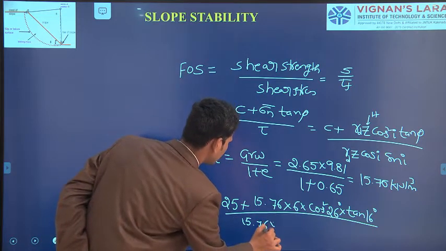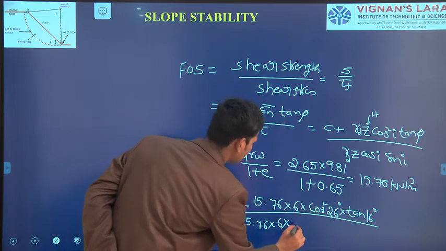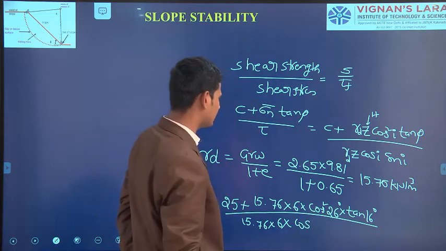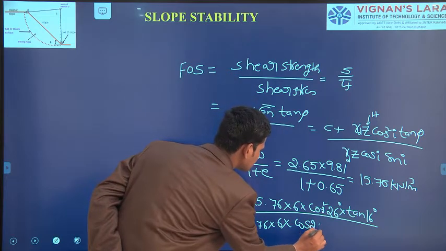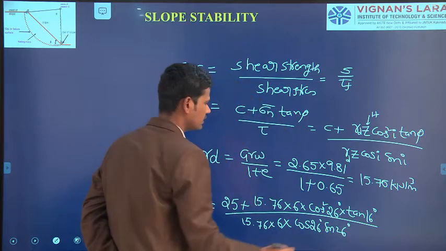Into Z, the height of the soil mass, which is 6, into cos 26 degrees and sin 26 degrees.